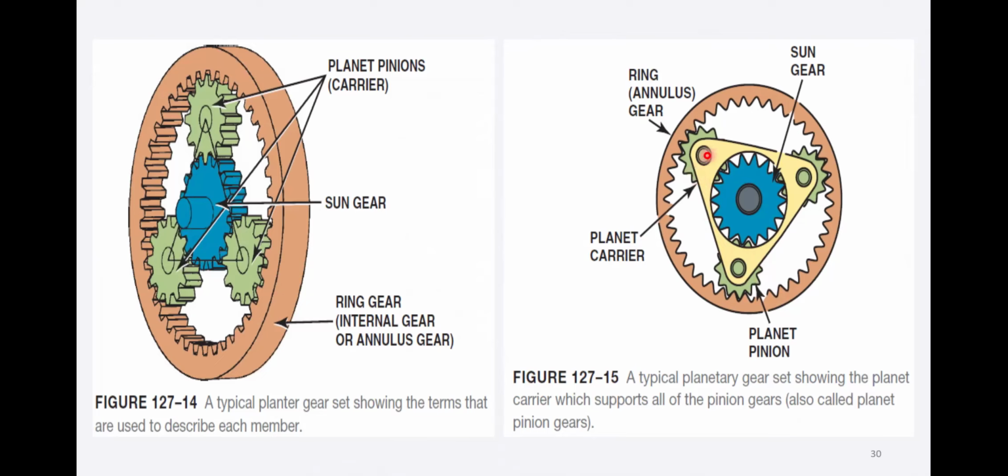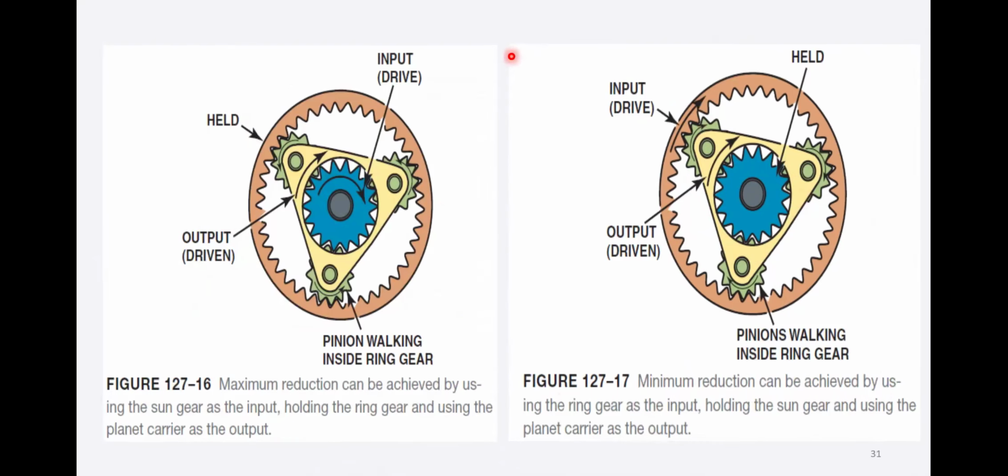Then we have the sun and the ring gear. So the typical planetary gear set shows the planet carrier, which supports all the pinion gears. Now we are giving input here.